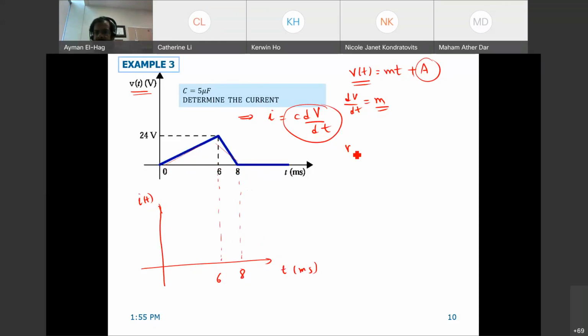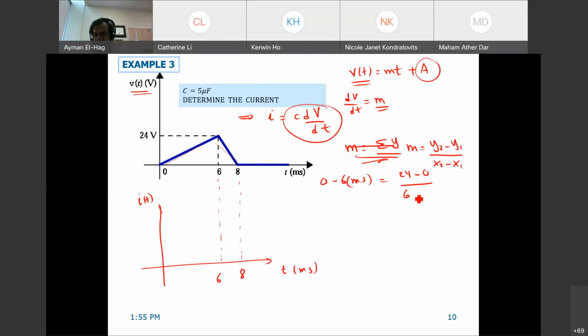What is the slope? The slope is the difference in y divided by the difference in x. It's equal to y2 minus y1 divided by x2 minus x1. So we can select any 2 points. We have these 2 points. So from 0 to 6 millisecond, your slope is equal to 24 minus 0 divided by 6 millisecond minus 0.